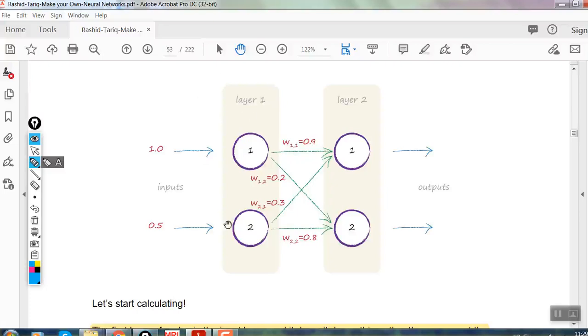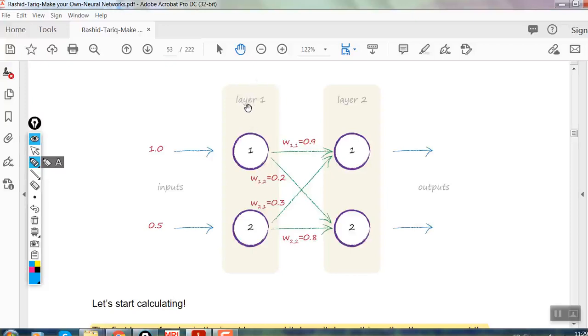The nodes in layer 1, always the first layer, don't have an activation function, because we call the first layer the input layer.